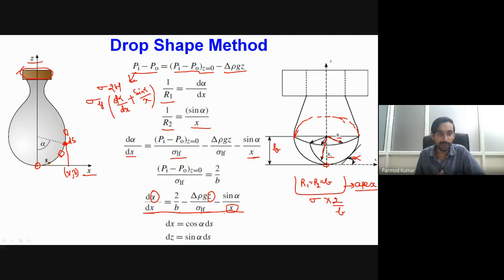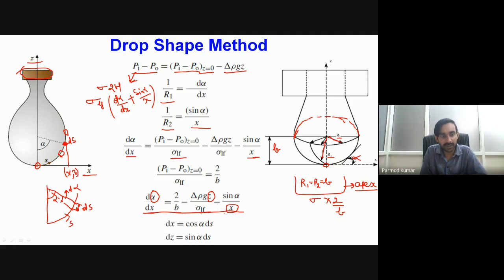To find the two additional equations, consider that this is my surface S. Let this particular angle be alpha, take a small angle d alpha, and take a small elemental surface distance, which I write as ds.